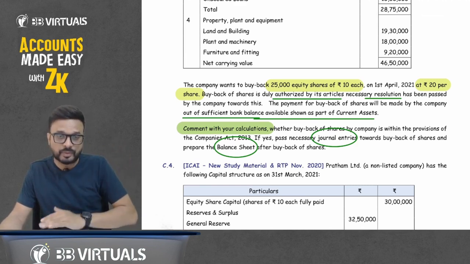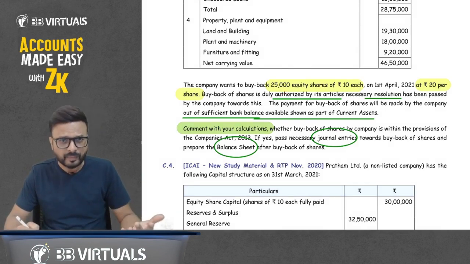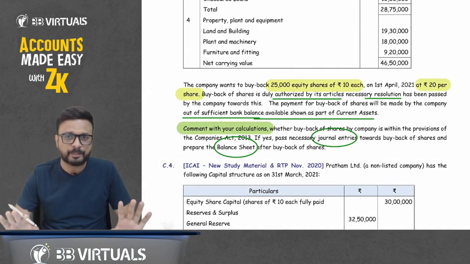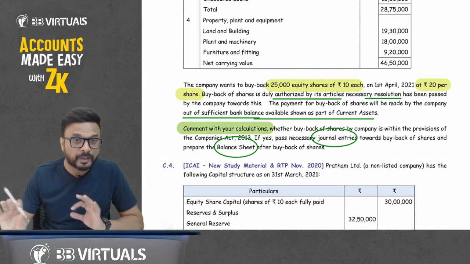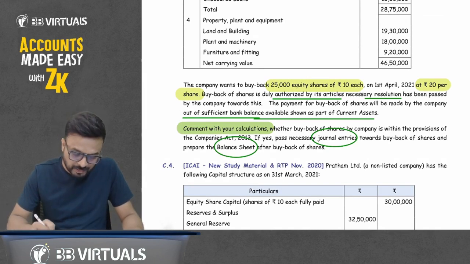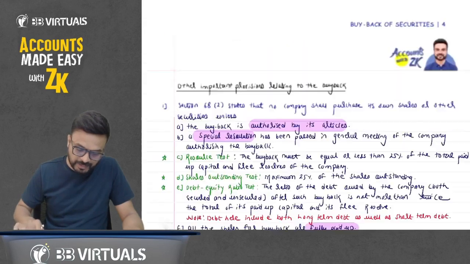So in this question, we cannot just start passing the journal entries for the buyback. The entries are so simple here. There is no issue of shares and all that. Very simple entries, and the balance sheet will be simple. But what is important here is to do the calculation. So there are three tests that we'll discuss here. Comment with your calculation means we have to do these three tests.